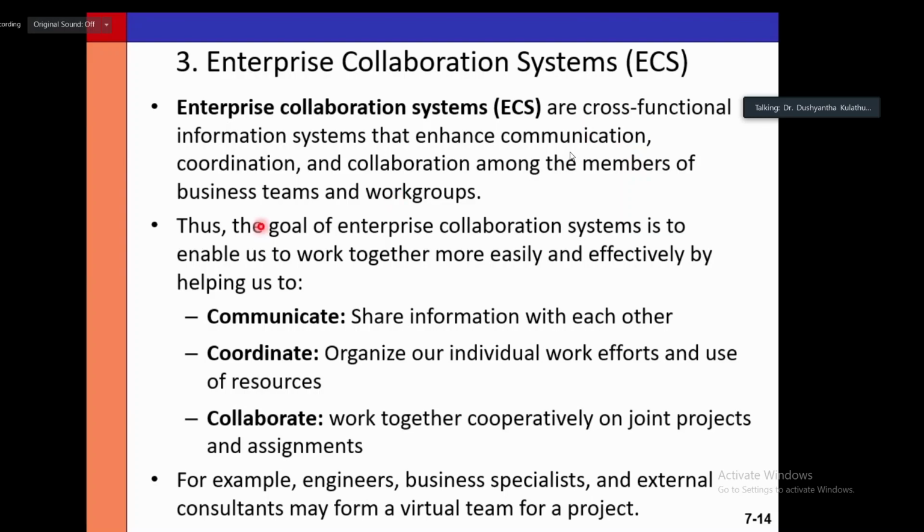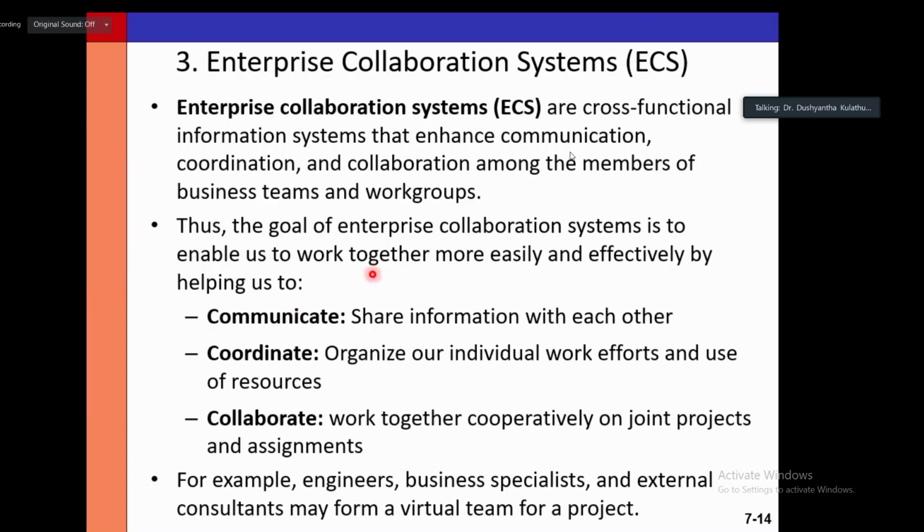Then we are going to highlight what we mean by communication, coordination, and collaboration separately here. The goal of enterprise collaboration systems is to enable us to work together more easily and effectively by helping us to perform these three tasks.